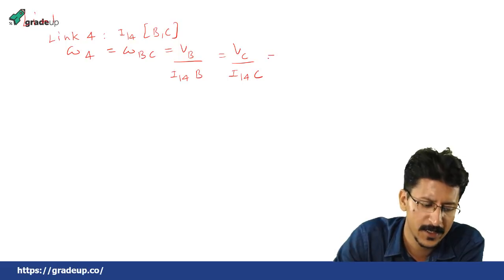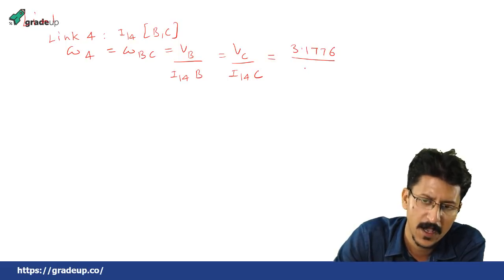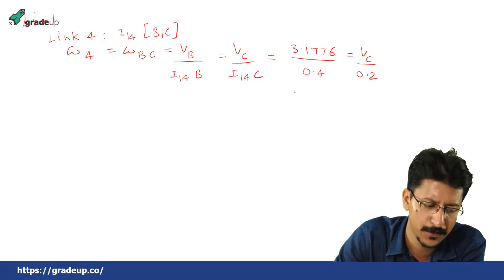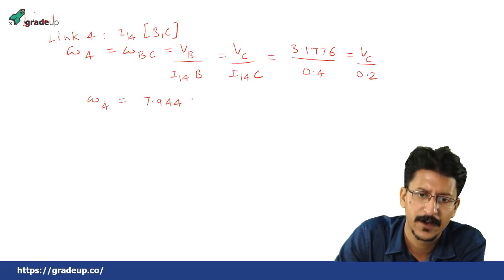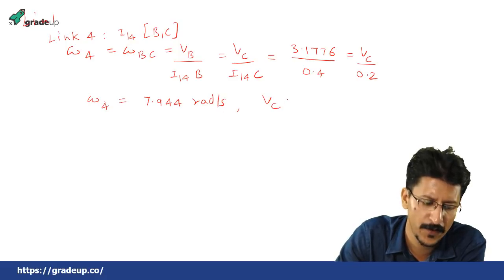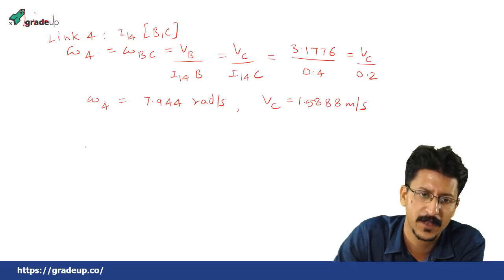If you calculate this, you get 3.177, already previously calculated, upon 0.4 equal to VC upon 0.2. So omega 4 you will get as 7.944 radians per second, and VC you will get as 1.5888 meters per second.